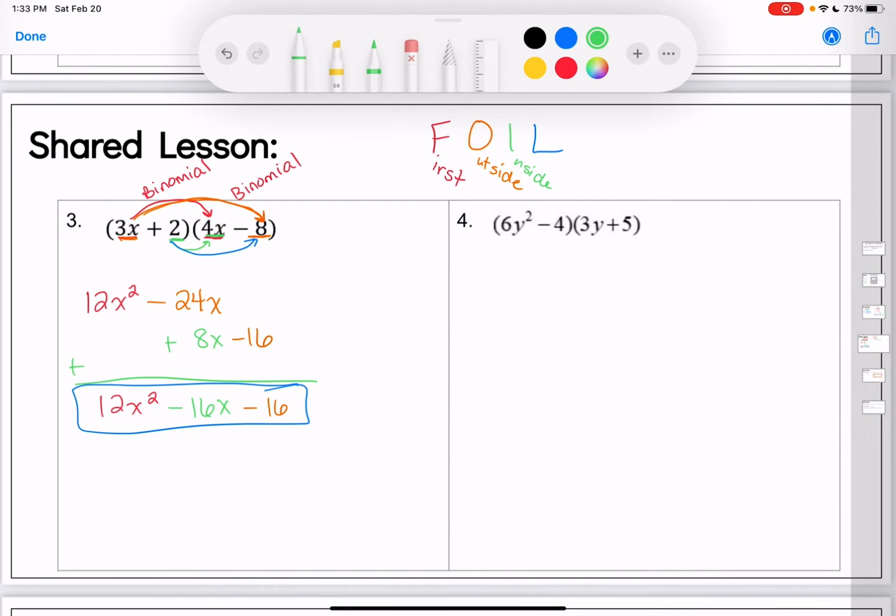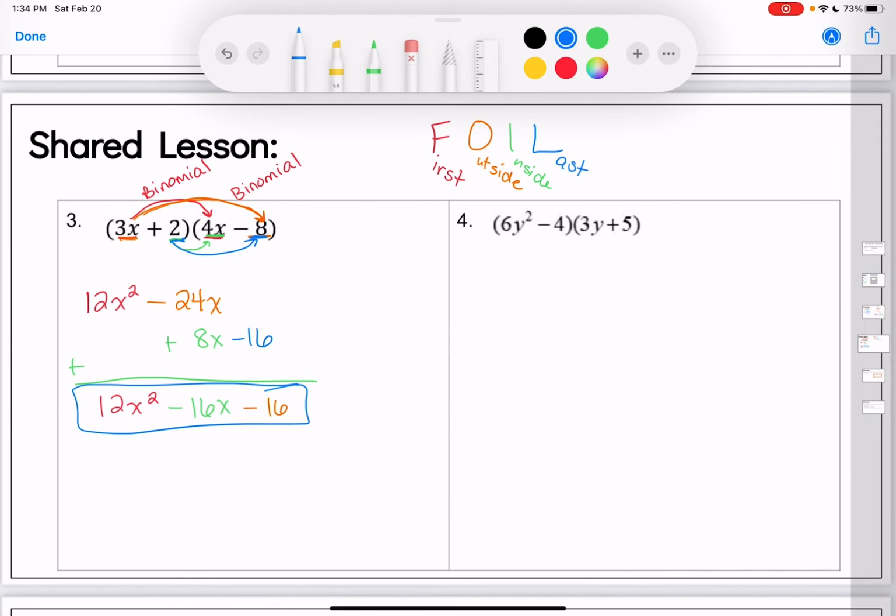In the whole problem, those were the two inside terms. And then the last thing that I multiplied were the last terms, the 2 and the negative 8. And those were the last terms in each set of parentheses. First, outside, inside, last, FOIL.